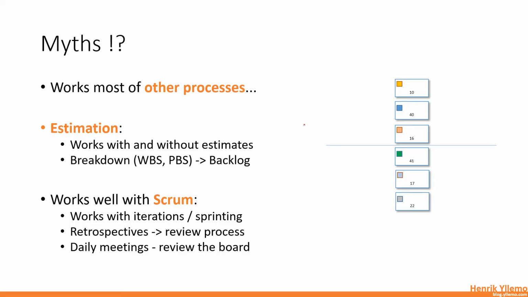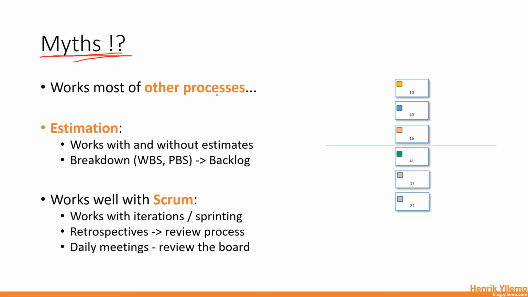Just before we close up for today, I want to explain to you a bit about the myths going around with Kanban. Some of the people I've seen over the years really say that Kanban is a silver bullet and it works for everything. But for me, I think Kanban works with most other types of processes, and it's not really a silver bullet in that sense.